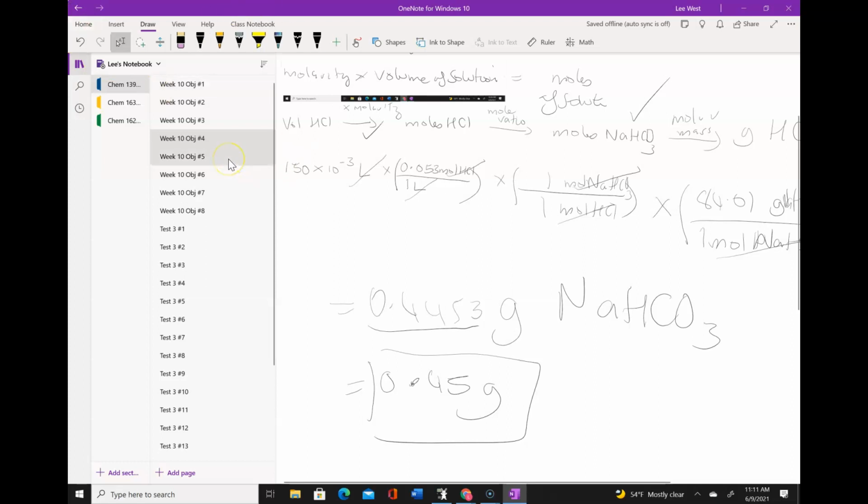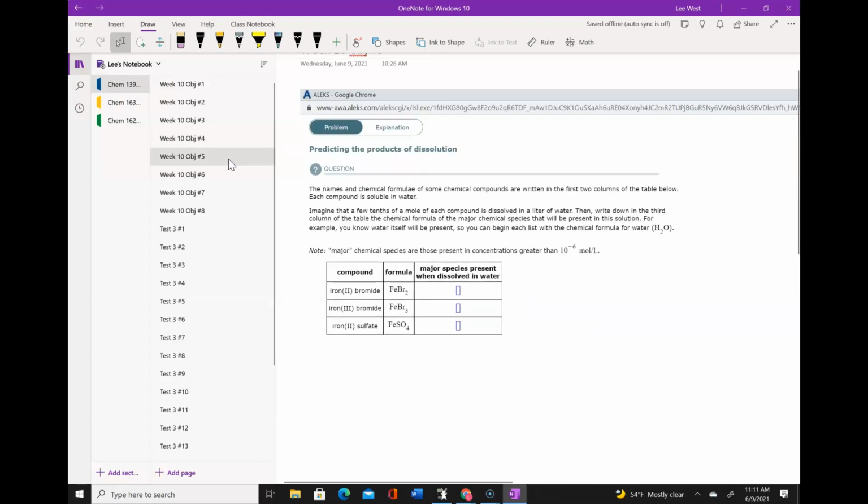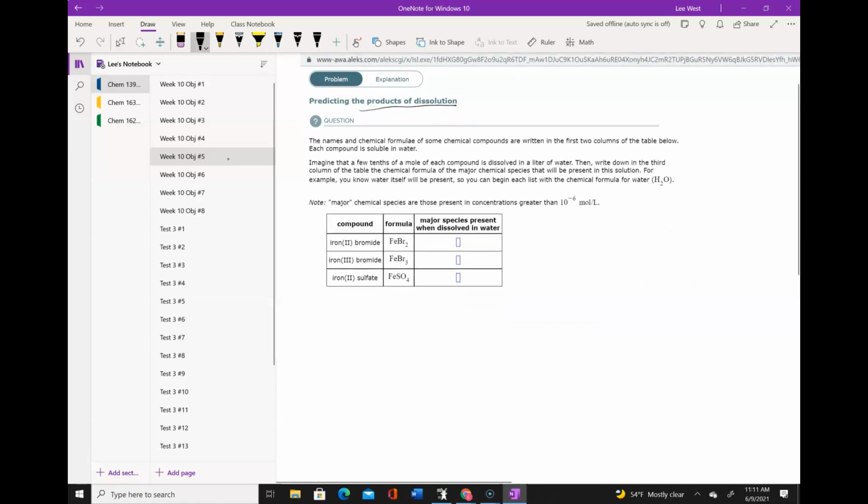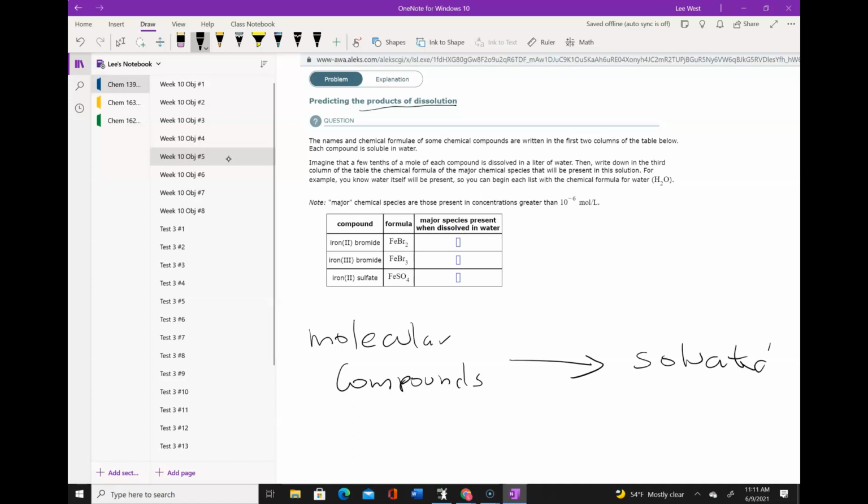Okay, let's have a look at question number 5. Predicting the products of dissolution. This is not too difficult. When molecular compounds dissolve, you get solvated molecules.